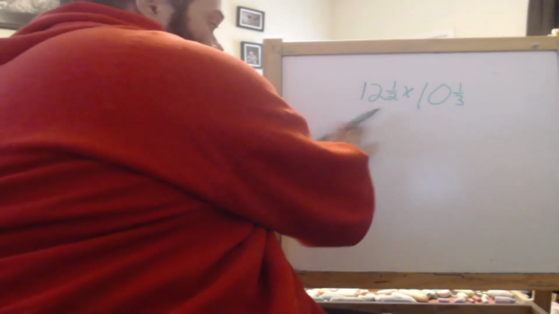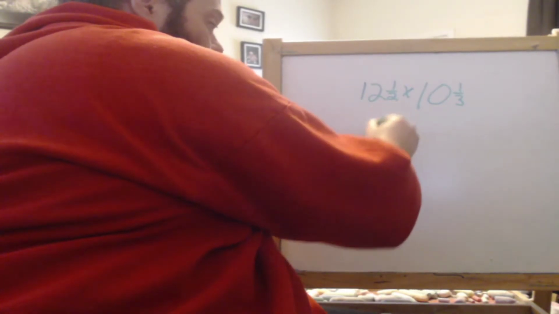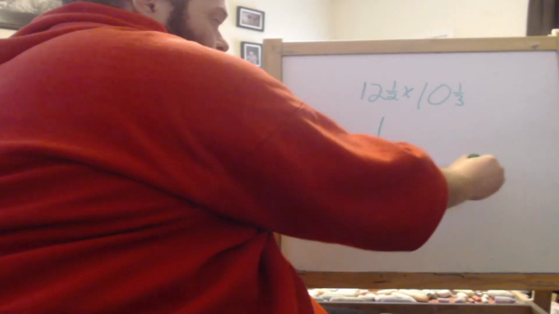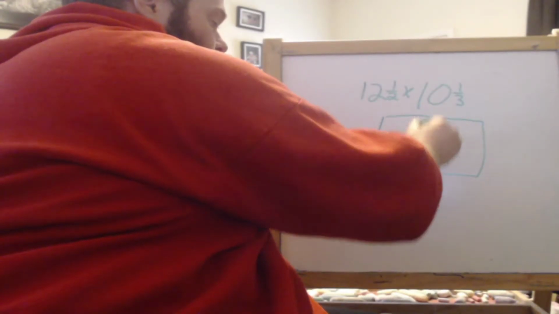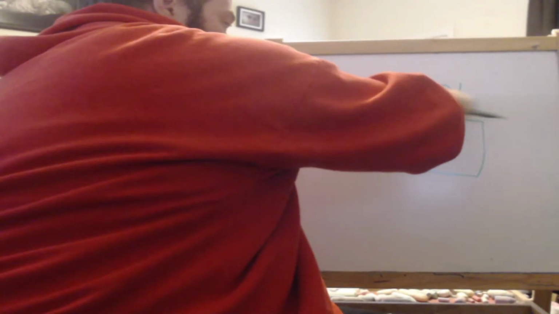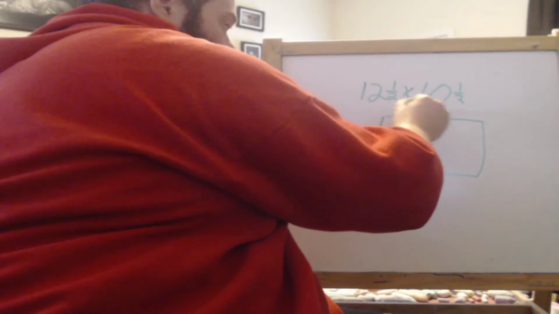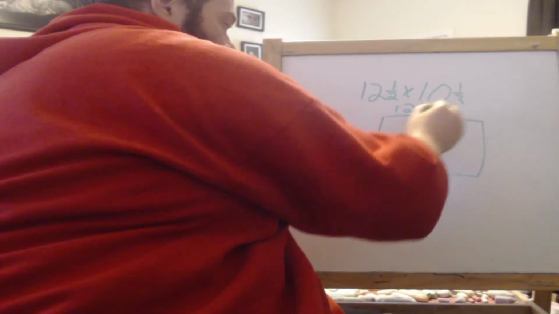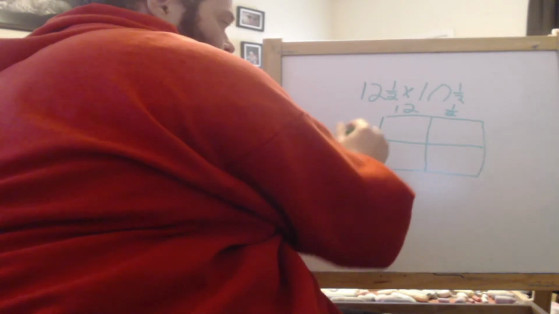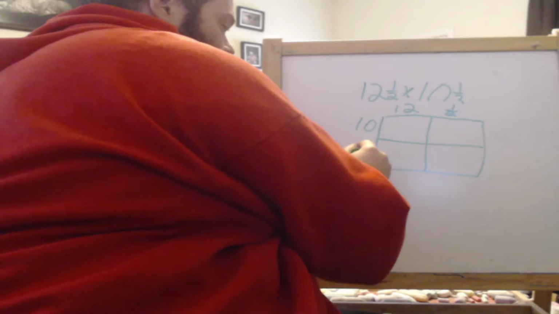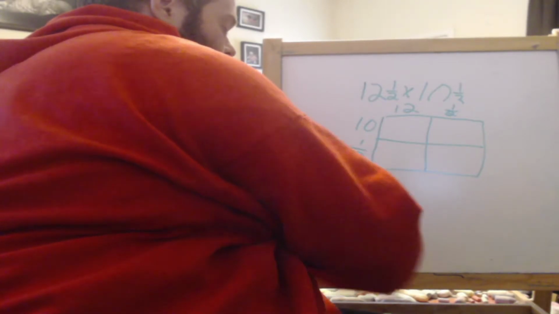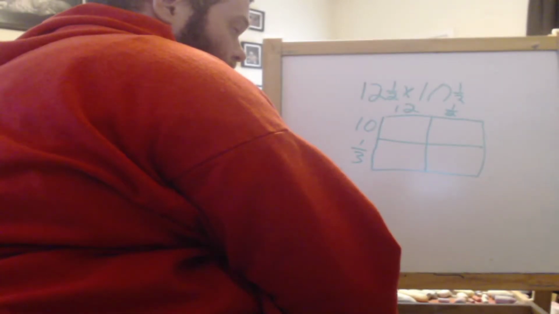What we can do is the box or window method. Let's do 12 and 1/2 up here, and then we can split up 10 and 1/3 down here, okay?